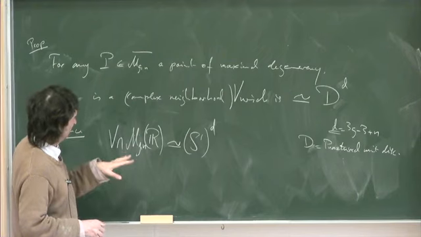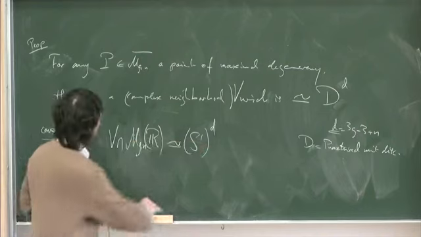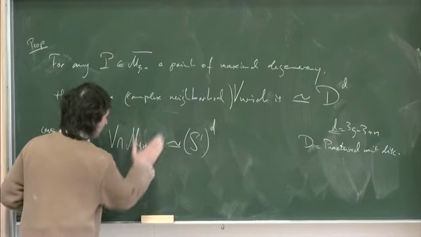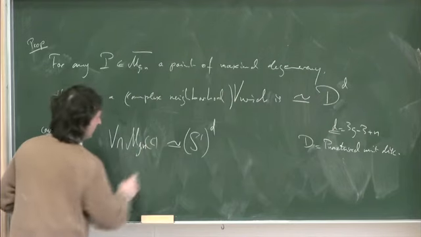Sorry, wrong, no, M_g,n, okay, sorry, this is true. So I write C. Okay, this is true.